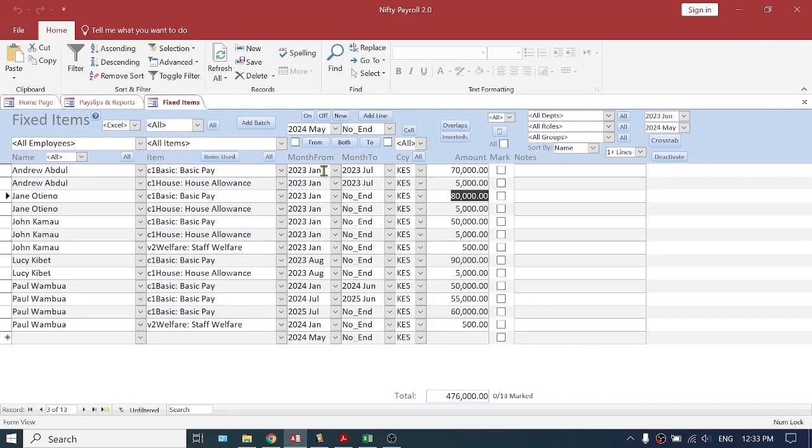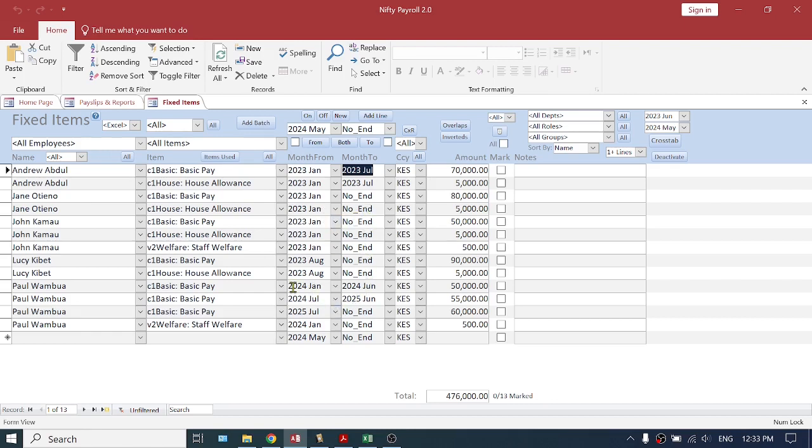But for Abdul here, who had a salary from 2023 Jan to July, he's not going to be picked because 2024 May is outside, it's after the month-to. So he's not going to appear. Anyone who has a figure where May 2024 falls within the from and to will appear in the payroll.